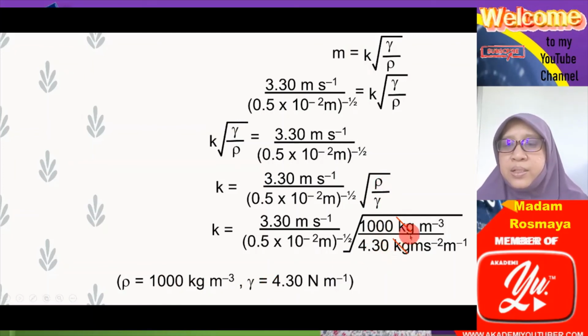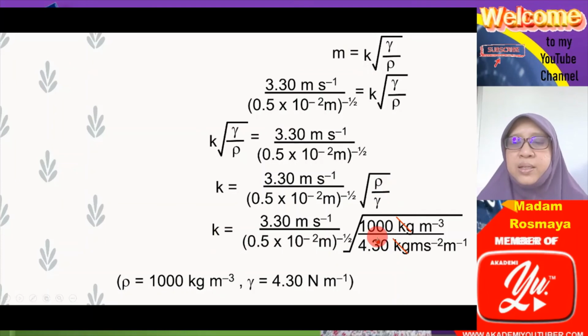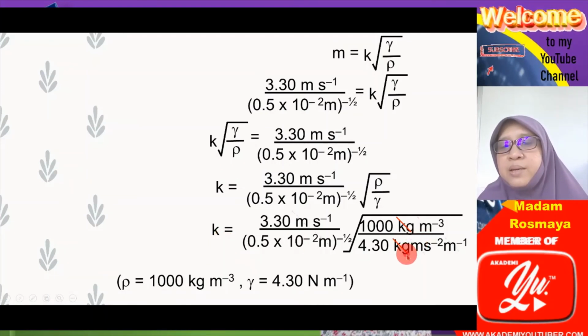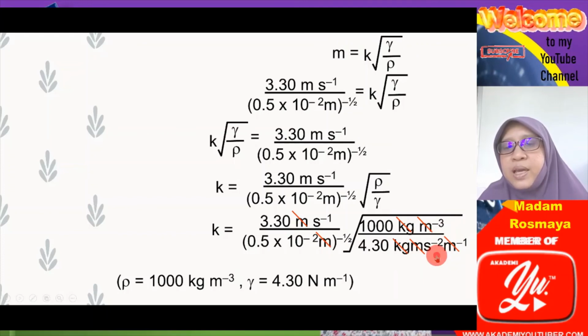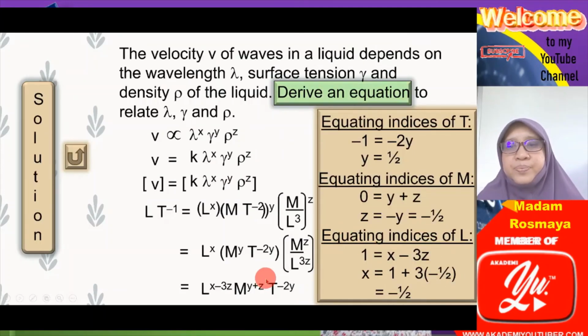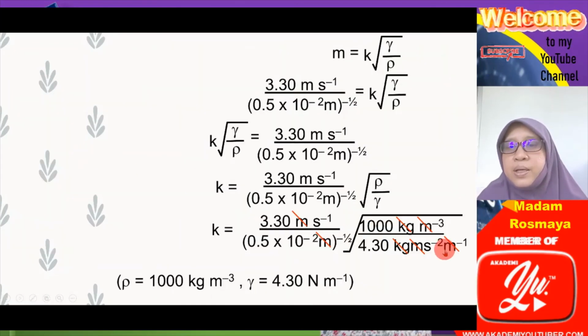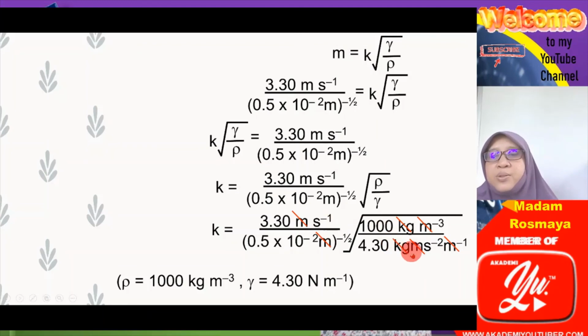The k has no unit. If you put together all the units here, we can prove that k has no unit. K is the constant of proportionality with no unit, because the kilogram can be cancelled out, the meter can also be cancelled out, and lastly the unit for time, second, can also be cancelled out.